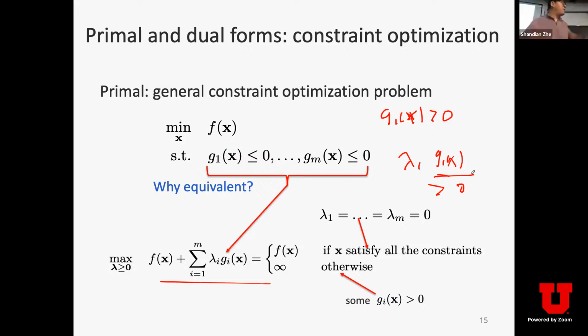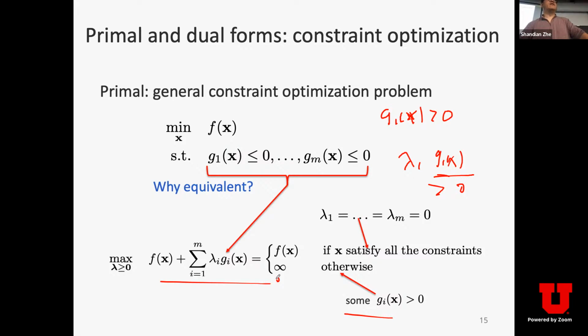Now I want to make my function value as large as possible. Just pick my lambda to be infinity. Then that gives us the second observation. If x violates any constraint, then your inner maximization will lead to infinity of the Lagrange function, right? Does it make sense?